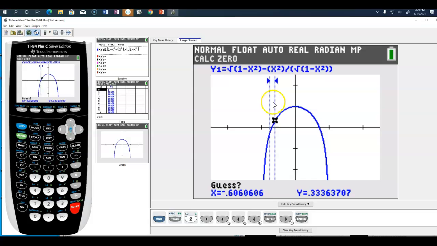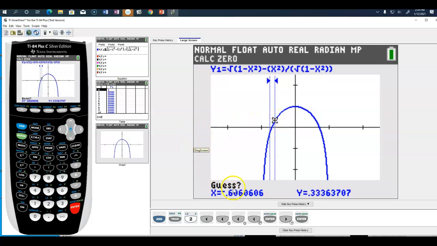And what these barriers do is we're telling our calculator, please look in between these two dotted lines to find where my graph touches the x-axis. The reason you have to do that is because it also touches the x-axis over here. So if you don't tell it where to look, it won't know where to look and it can't do it. So you have to pick a point to the left and a point to the right of the 0 that you want.